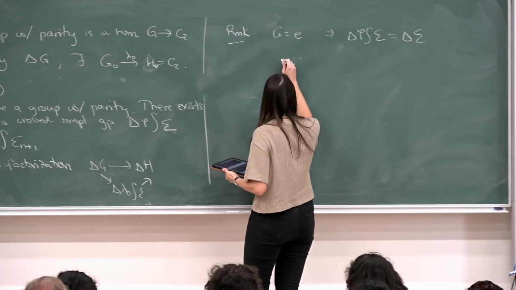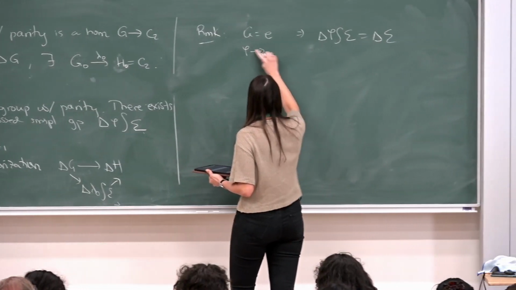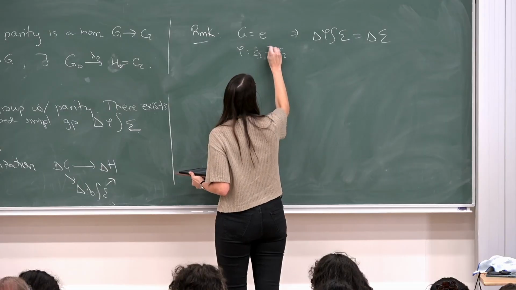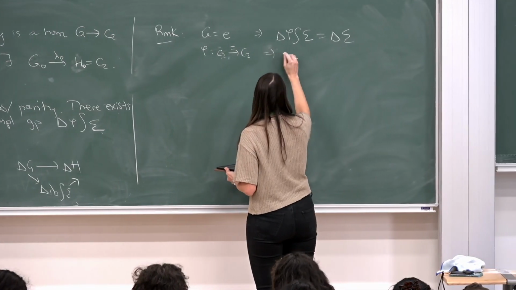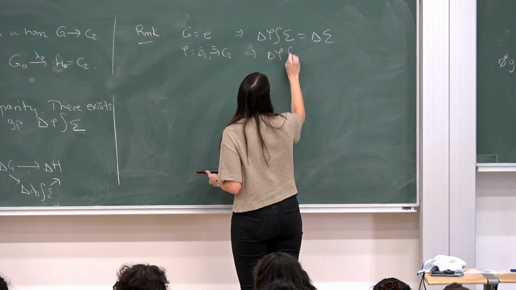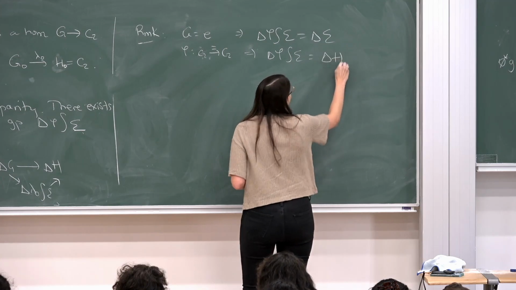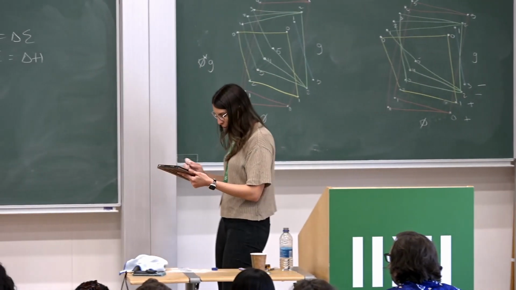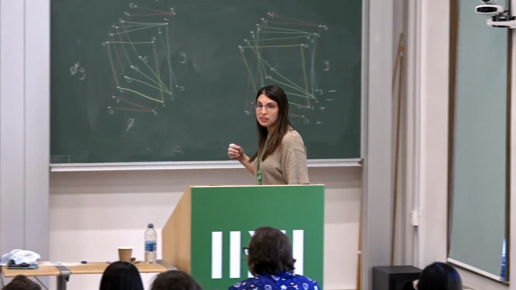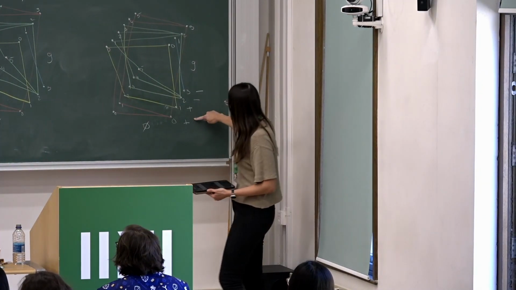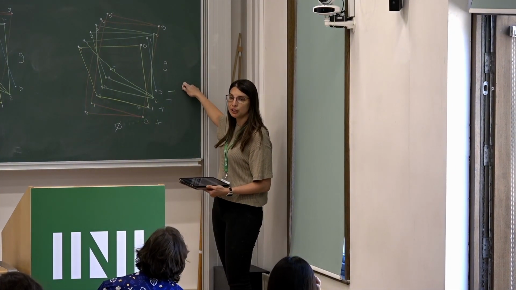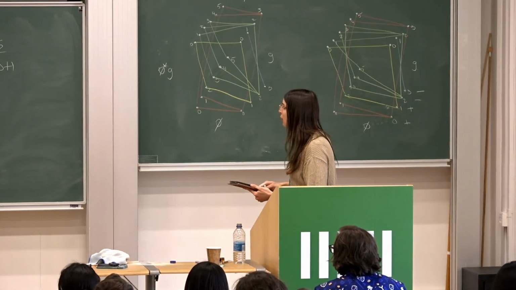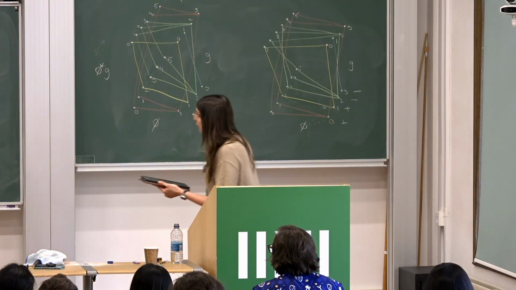And if the group with parity is the identity on C2, then this construction just recovers delta H, the hyperoctahedral one that we defined over here via this picture. Otherwise, it's a generalization where instead of these labels, we have elements of G, but they each map to some element of C2, and we just have to keep track of that extra data.